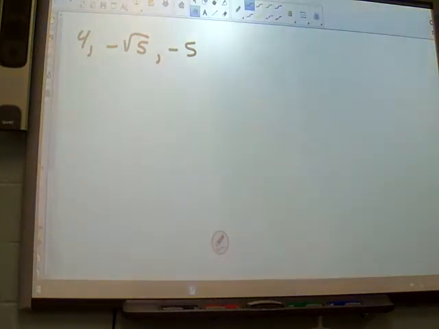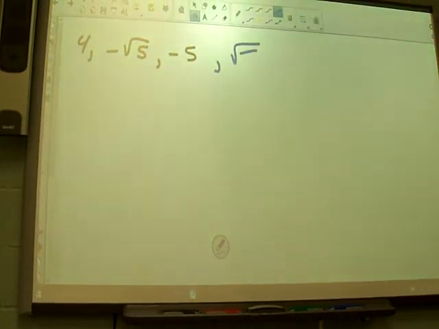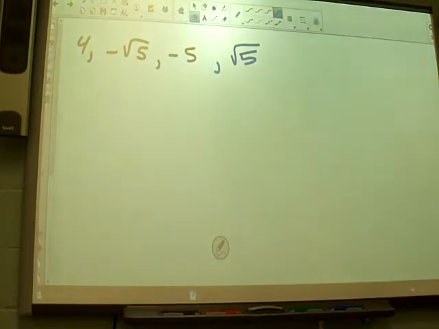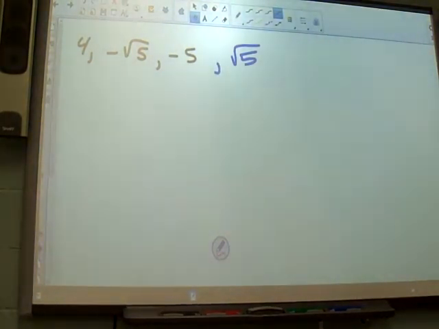If you get a negative square root of 5 like they did right here, when you take square root, it can be positive or negative. So you need to include a positive square root of 5. So if there's an i, like we said on number 1, you got to have both positives and negatives. If there's a square root, you got to have both positive and negative.